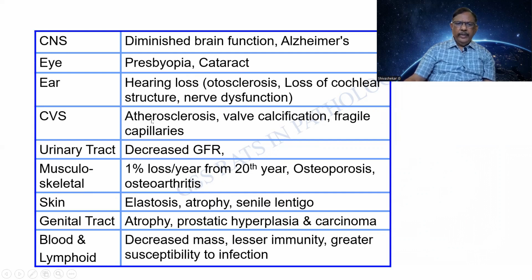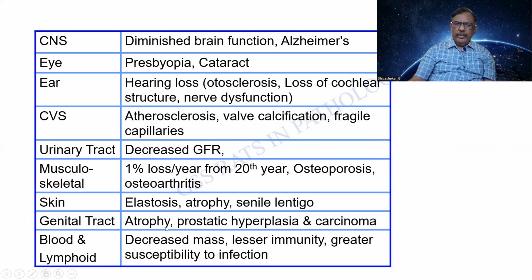Cardiovascular system, a classical example is atherosclerosis or the calcification of the senile valves. Urinary tract, decrease in the glomerular filtration rate. Musculoskeletal, again we know because we see and feel. There is osteoporosis, osteoarthritis, loss of elasticity of the skin and the muscles. Atrophy.